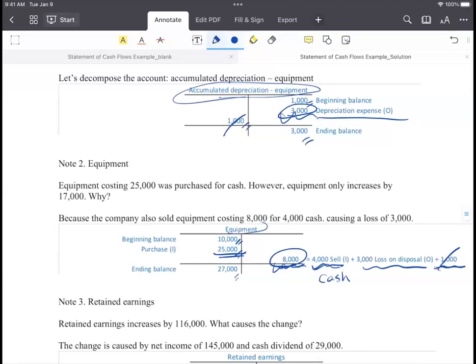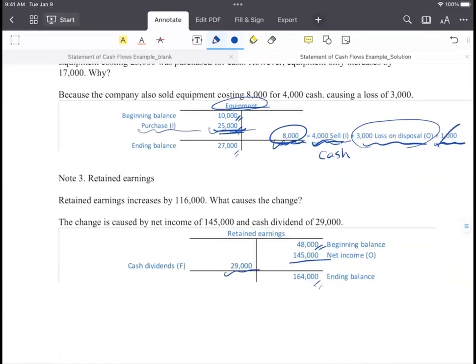And for the change in equipment here, we have a purchase of 25,000, which is a cash outflow, and the firm sold equipment, which brought the firm a cash inflow of 4,000. And then there's 3,000, which we need to add back in the operating part of the cash flow. Without such decomposition, we won't be able to separate out those cash flows so easily.